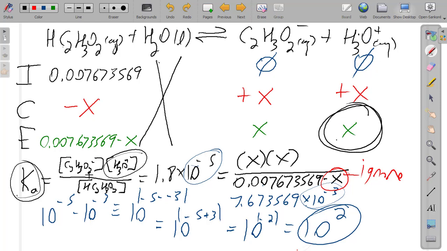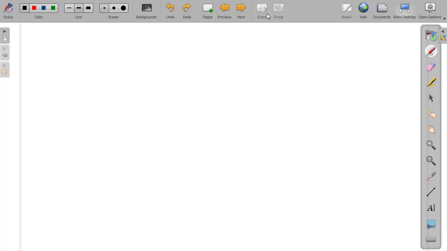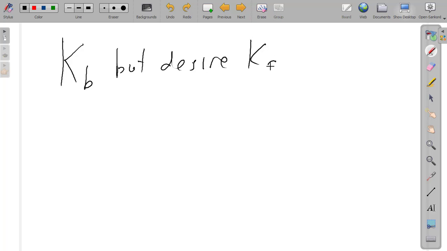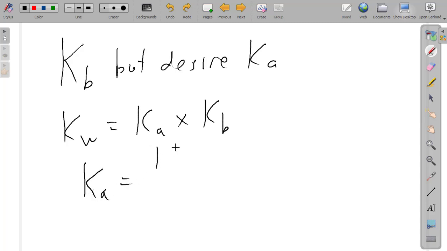Had I given you a Kb in the problem, you could have used what you know on the equation to convert it from Kb to Ka, correct? How would you do that? If you were given Kb but desire Ka, since you already know that Kw equals Ka times Kb, then to get Ka, you would take Ka equals Kw divided by Kb.